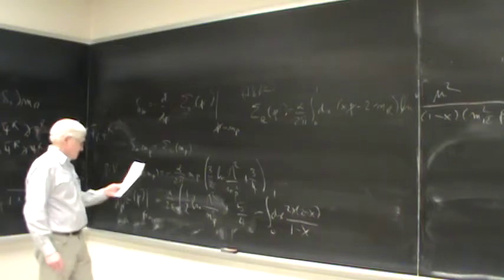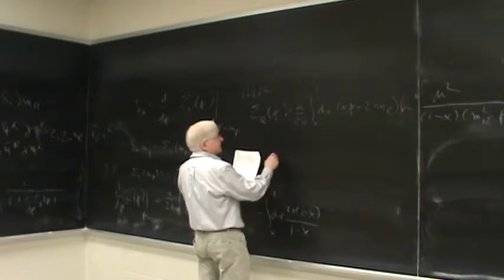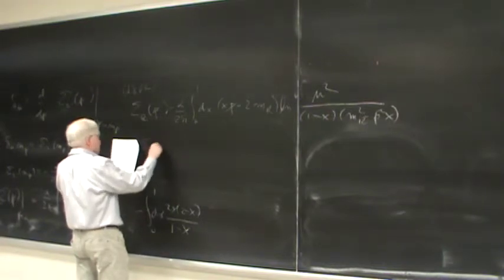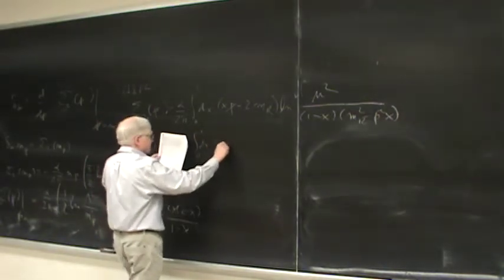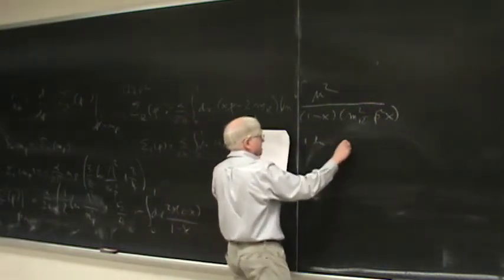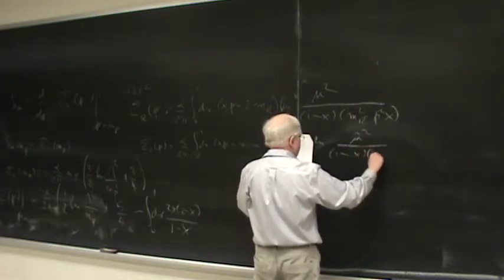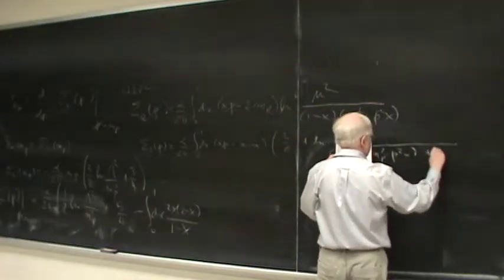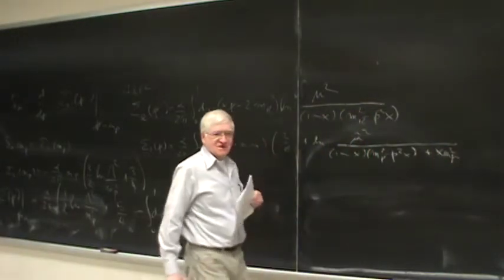Let me just say what delta 2 and sigma are in dimensional regularization. In dimensional regularization, what we've got is that sigma 2 of p slash is alpha over 2 pi, this same integral 0 to 1 dx, x p slash minus 2m, 2 over epsilon plus log mu tilde squared over 1 minus x mp squared minus p squared x, and then plus a mystery term, x times the mass of the photon squared.